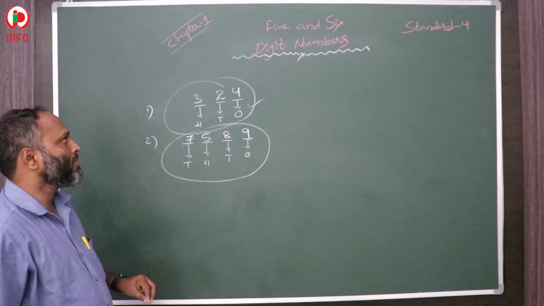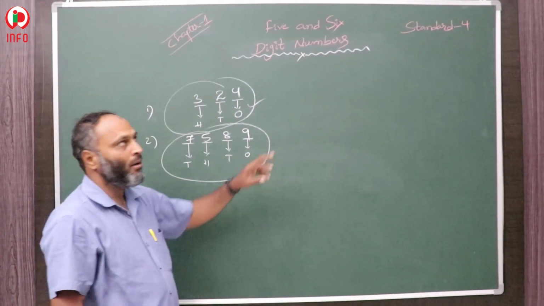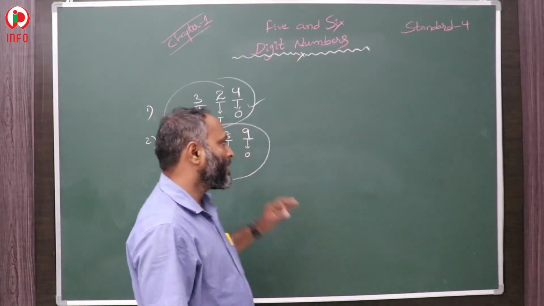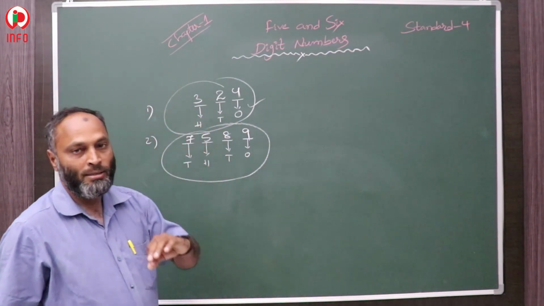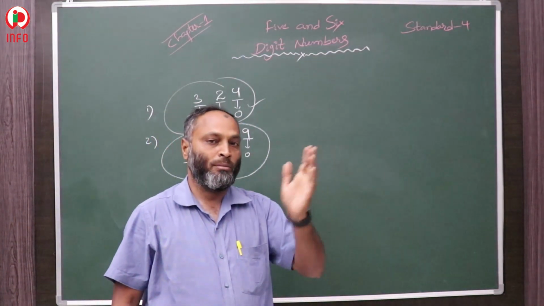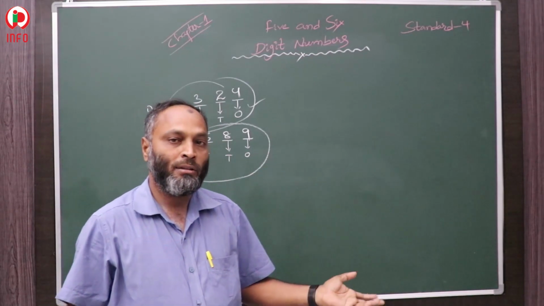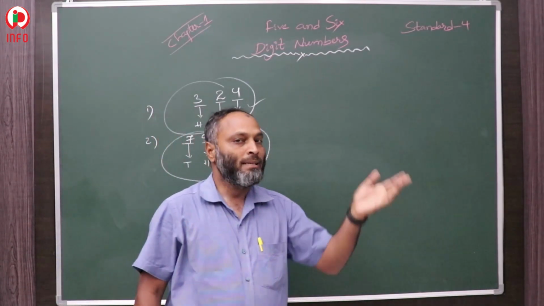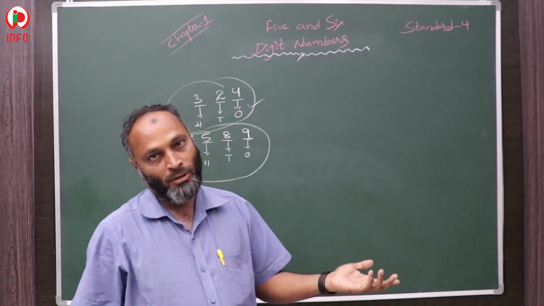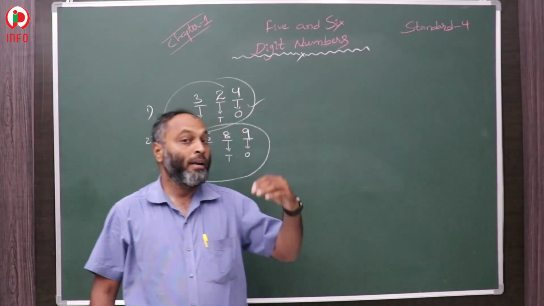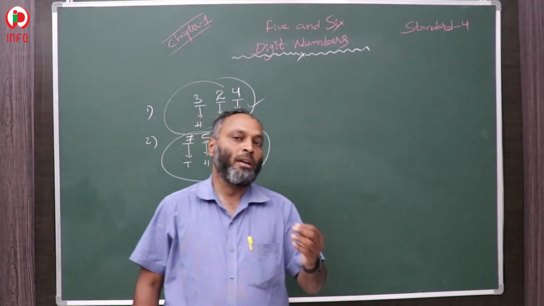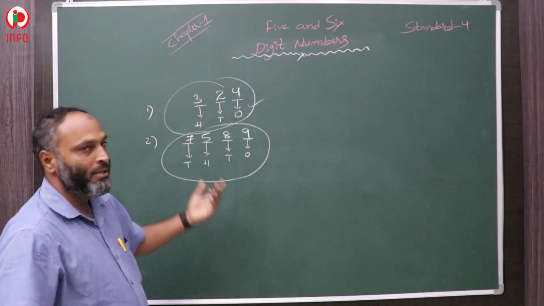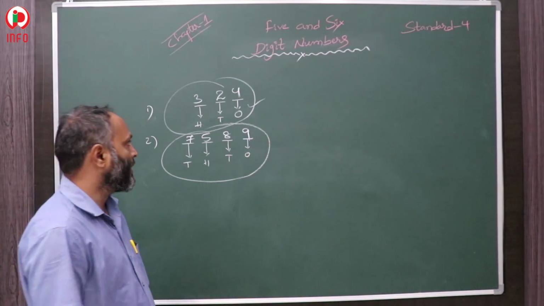Now in this class we are going to discuss 5 and 6 digit numbers. In 3 digit numbers we discussed the smaller number and the bigger number, and in 4 digit numbers also. In single digit also we discussed smaller and bigger, and in 2 digit also. Now again we recapitulate what we discussed in our previous class, in the third class.